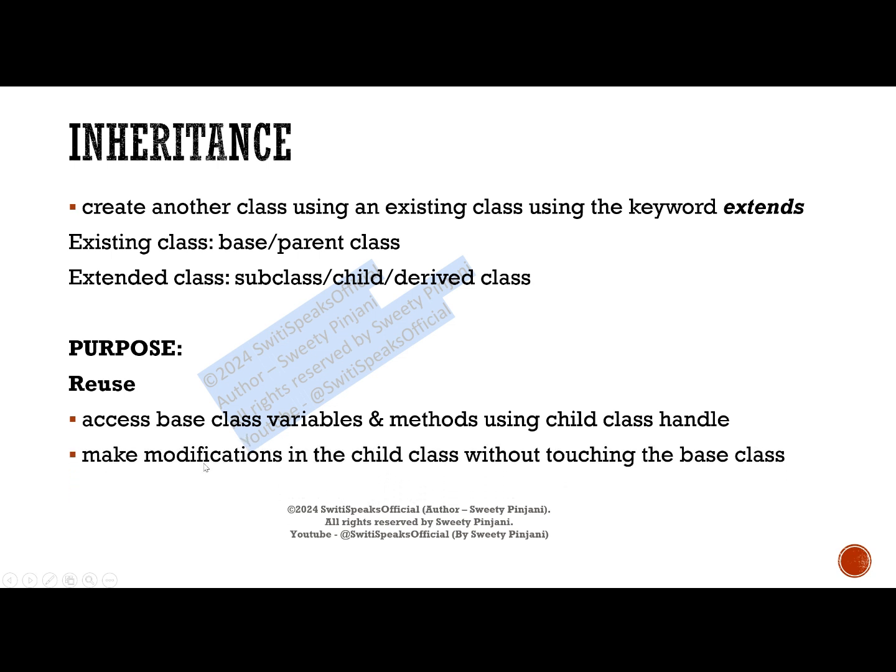And if you want to make any modifications in your child class, you can do it without touching your base class. It means you will inherit the class variables and methods of your base class. But if it is required that on top of it you want to do some more modifications or you want to override some methods, that is possible. This is how we do reuse.